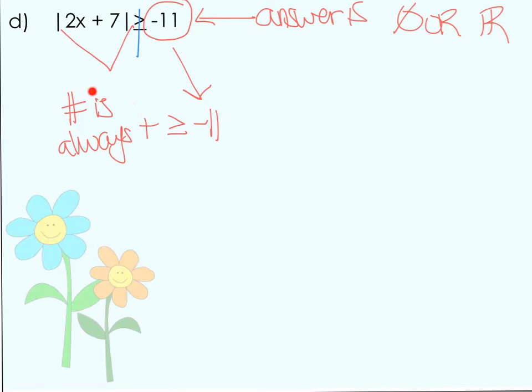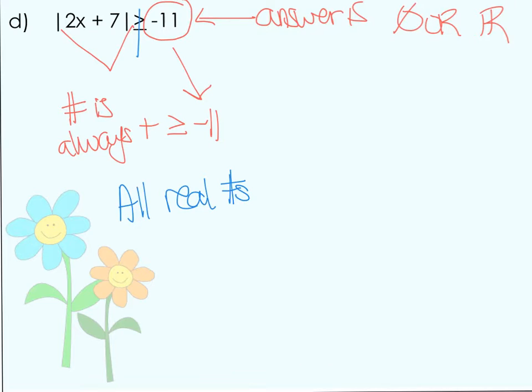Can any of you guys think of a number that's bigger than negative 11 and positive? Hopefully you guys are listing lots of them. There are a ton of numbers bigger than negative 11 that is also positive. So because this could happen, we could actually find numbers to make this be true. This means that our answer is all real numbers.